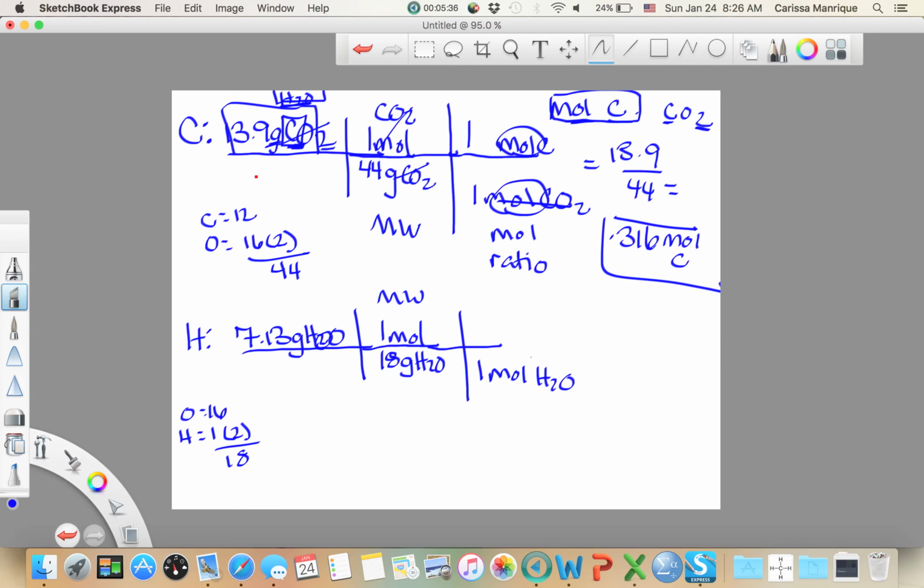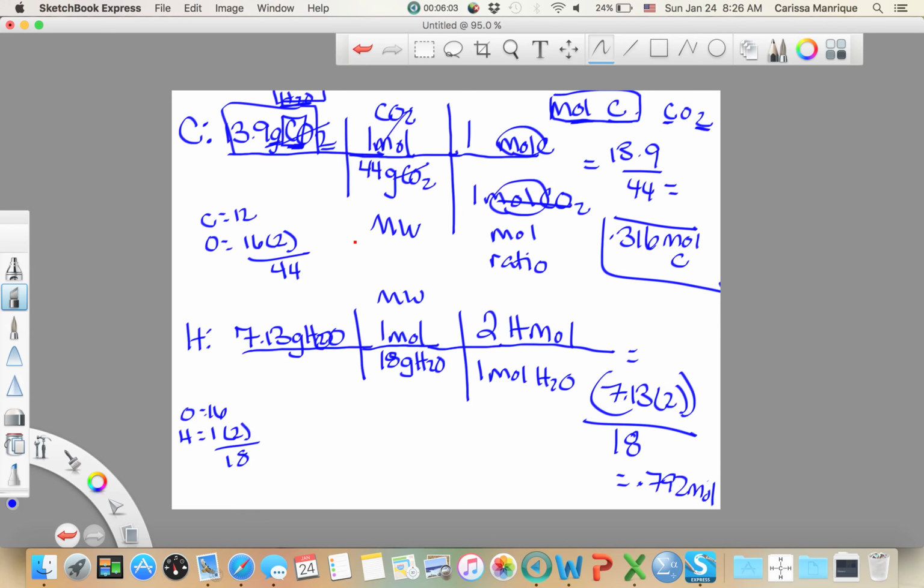There are 2 hydrogens per 1 mole of water. Think of moles like 1 molecule: for every 1 molecule of water, there are 2 hydrogens. So 2 moles of hydrogen. I multiply this out: 7.13 times 2, all divided by 18, which gives me 0.792 moles. Now let me make a little room here.